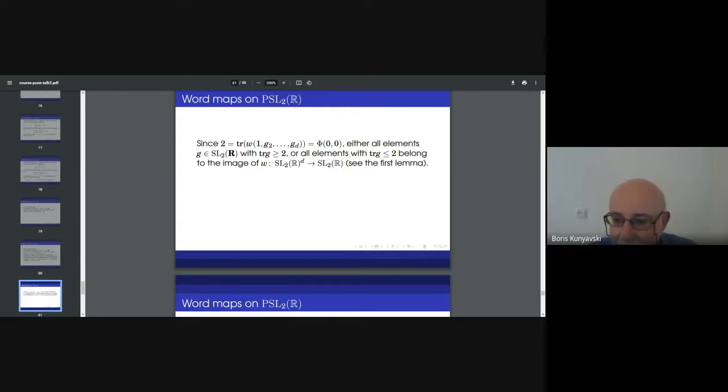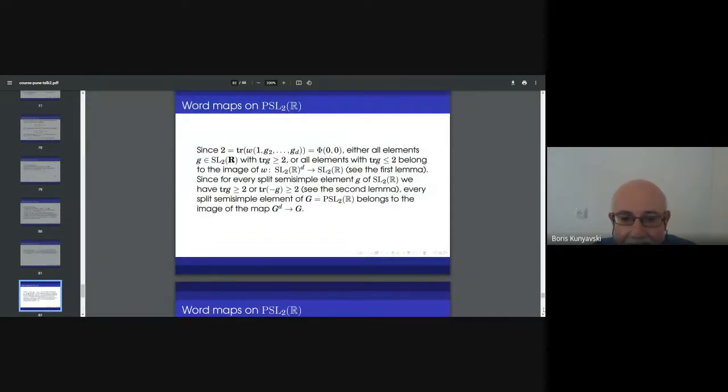Yeah, but you see, we are in PSL, not in SL. So in all cases, PSL means that we can multiply by minus identity. So we can get either trace of G is at least 2 or trace of minus G is at least 2. So every split semi-simple element belongs to the image. So here is the proof.